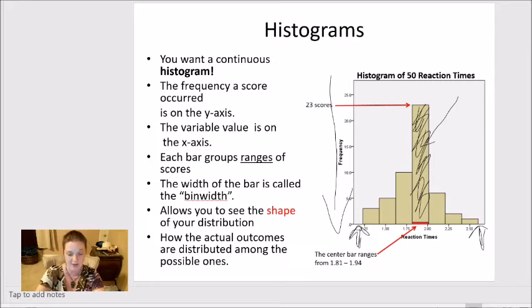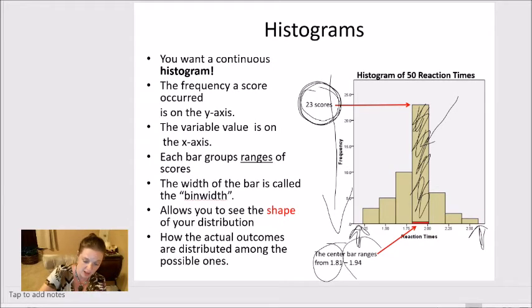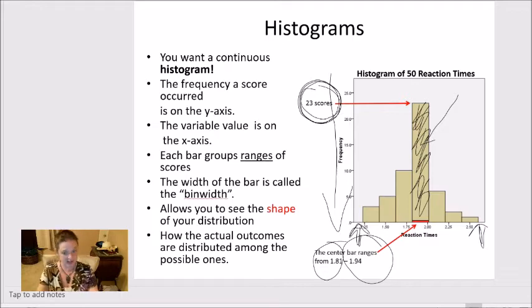So here we have 23 people had a reaction time between 1.81 seconds and 1.94 seconds. 23 people fell into the range of 1.81 to 1.94.